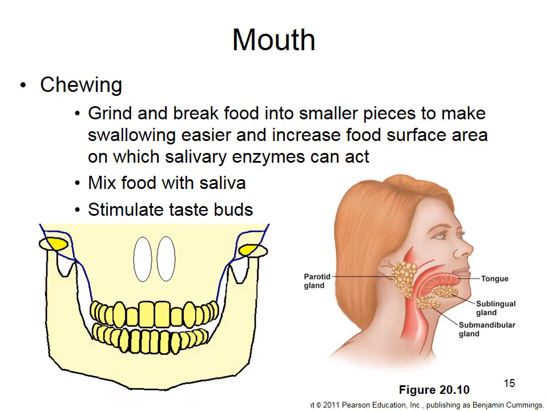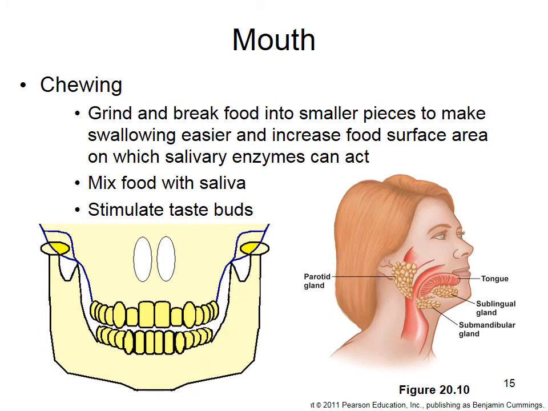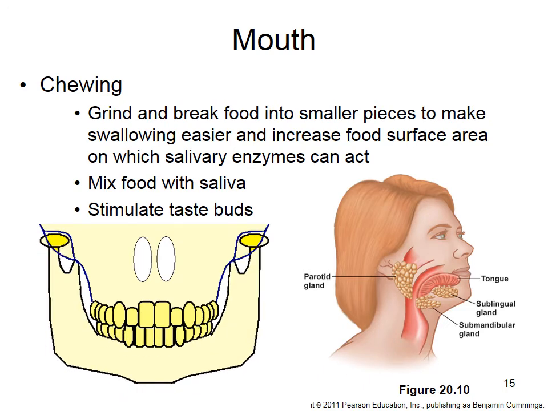Chewing helps grind and break food into smaller pieces so that you don't choke when you swallow. As a kid, your mom was always telling you to chew your food so that you didn't choke. It also increases the surface area for the salivary enzymes to act on.